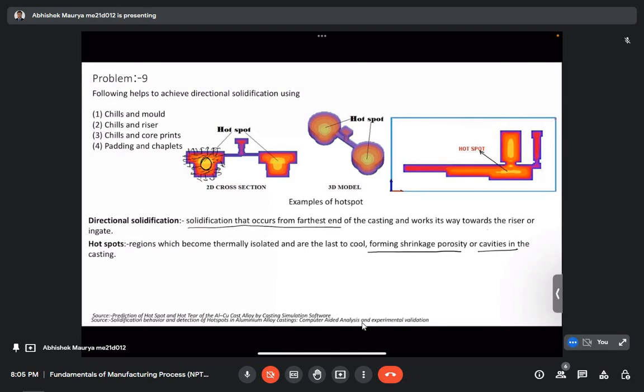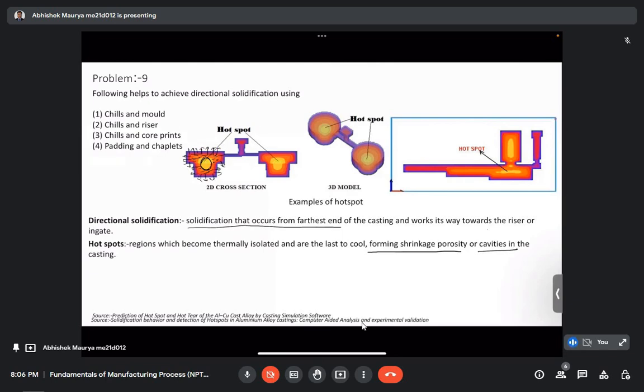The regions far away from the mold walls solidify later.